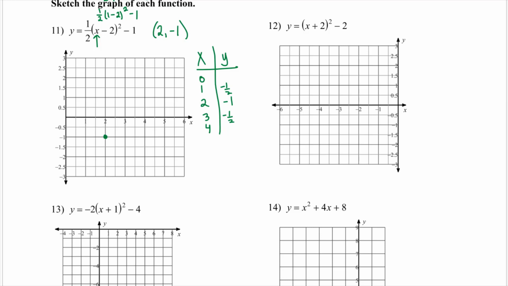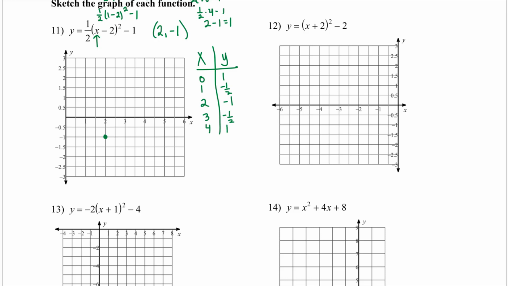Then I could plug in 0, which is usually a pretty easy thing to plug in. Although it's even easier in standard form to plug it in than in vertex form, because here 0 - 2 is -2, and -2 squared is 4, and 1/2 times 4 is 2, and 2 minus 1 is 1.